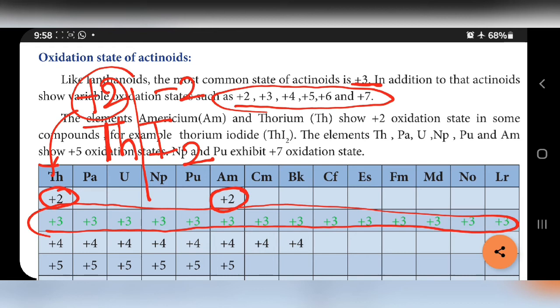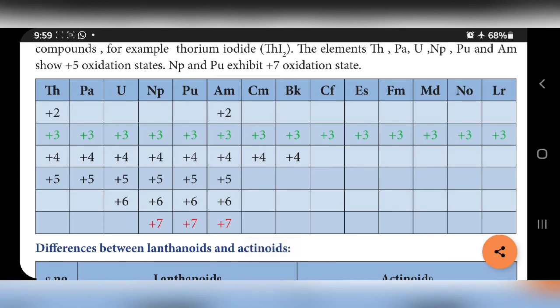The elements thorium, protactinium, uranium, neptunium, plutonium and americium show the +5 oxidation state. Neptunium, plutonium and americium exhibit the +7 oxidation state.